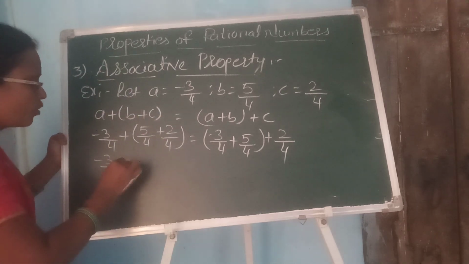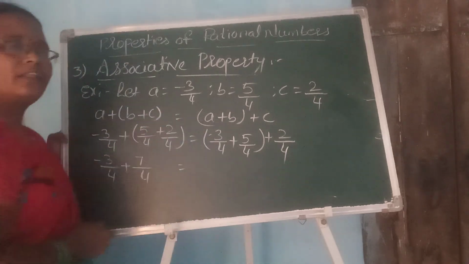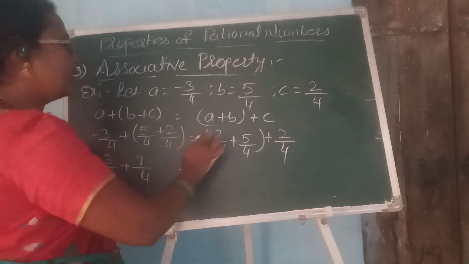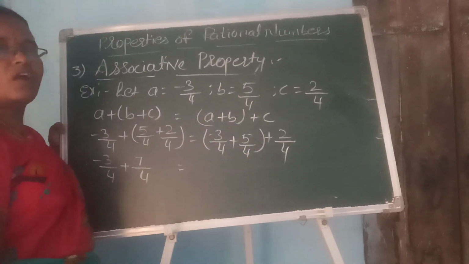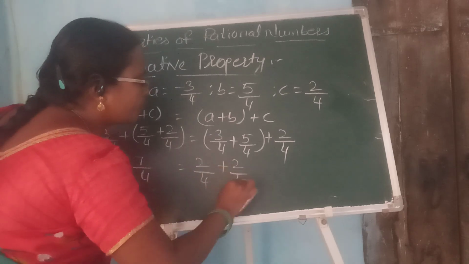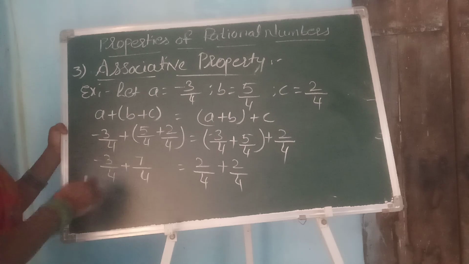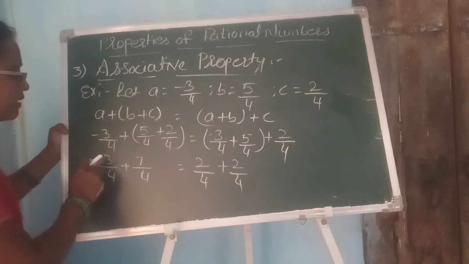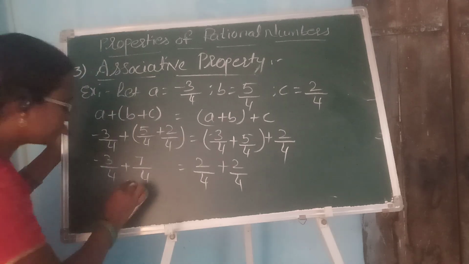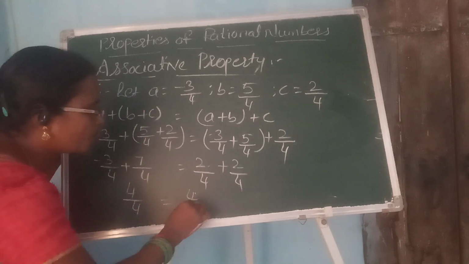Minus 3 by 4 plus 5 plus 2, 7 by 4, is equal to. Now here in the bracket we have minus 3 plus 5, which gives 2 by 4, plus 2 by 4. So minus 3 plus 7, as they are like fractions, we can add the numerators directly. Minus 3 plus 7 becomes 4 by 4, is equal to 2 plus 2, 4 by 4.